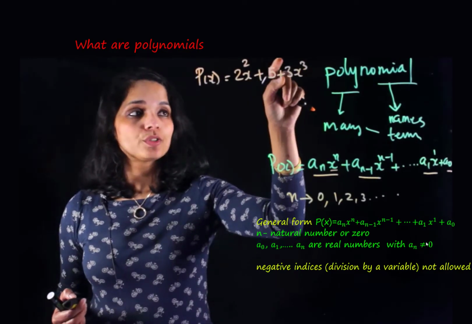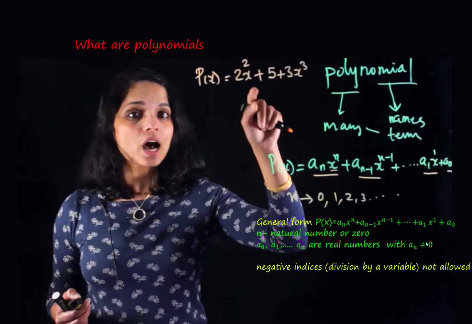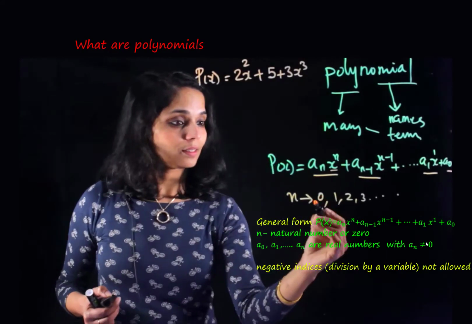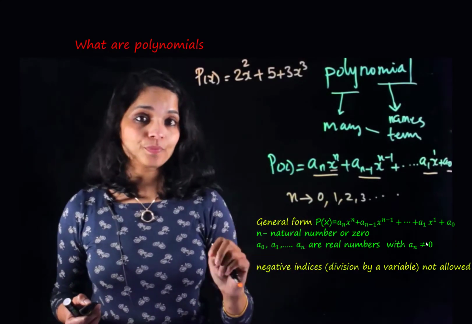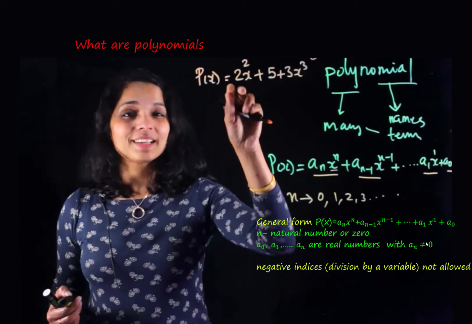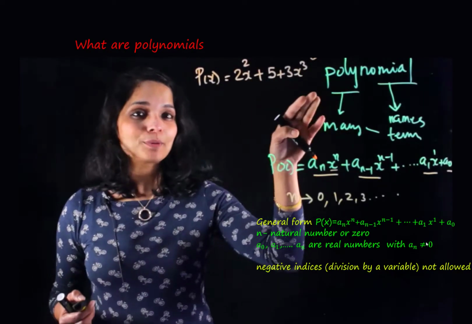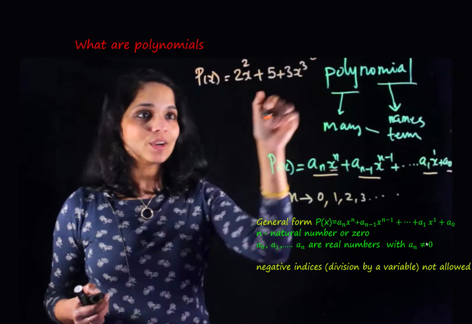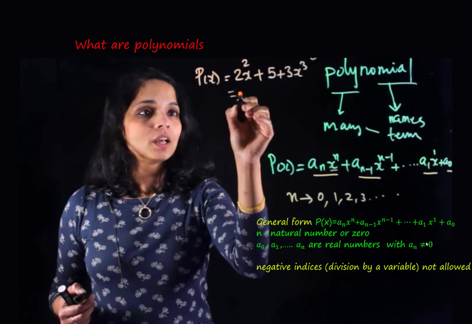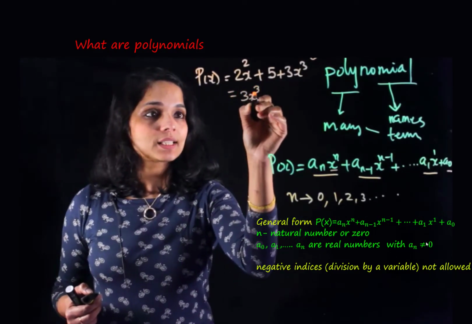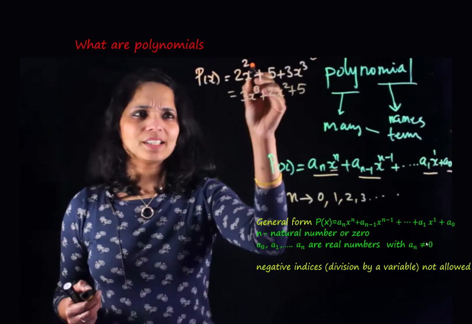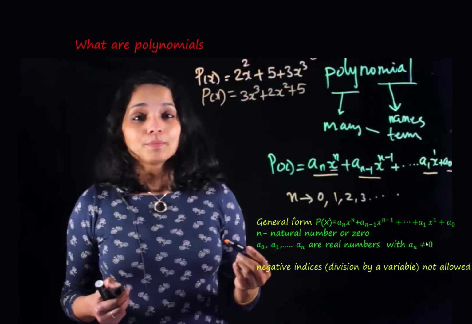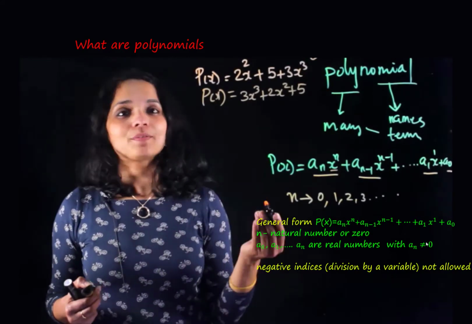So 2, 0, 3 fall in this range. They are either positive or 0. So that's a polynomial. But this is not the best way to write a polynomial. We should write it in descending order. So the actual way to write this is 3x cubed plus 2x squared plus 5. Even though nothing is wrong with writing it in this format, mathematicians love to have some order.